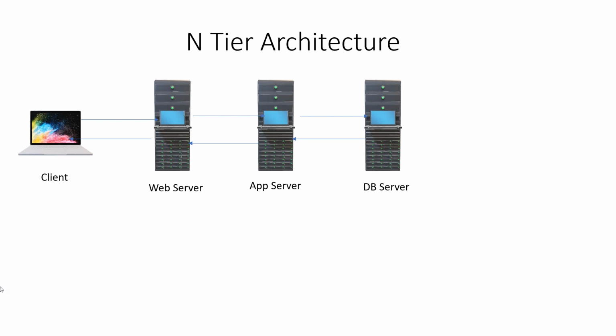For example, the request goes from client to web server to app server, and app server to DB server, and there is a delay. The app server is processing the request in 0.5 seconds, but the DB server is taking 1 or 2 minutes to process the request and send the response back. Then we need to understand what the query is which is taking time, and drill down to that level.